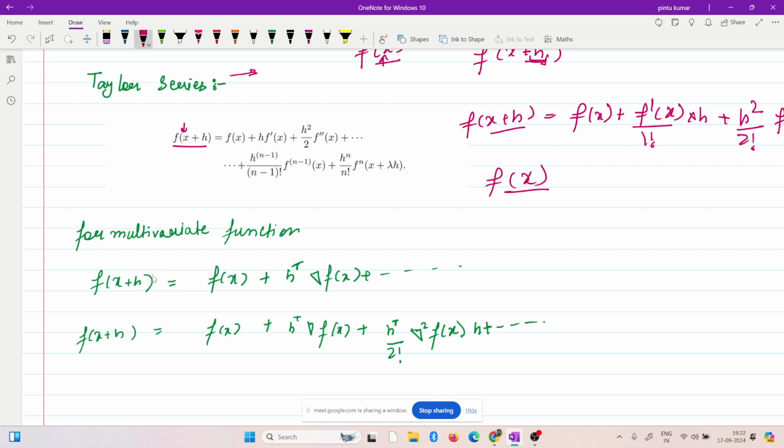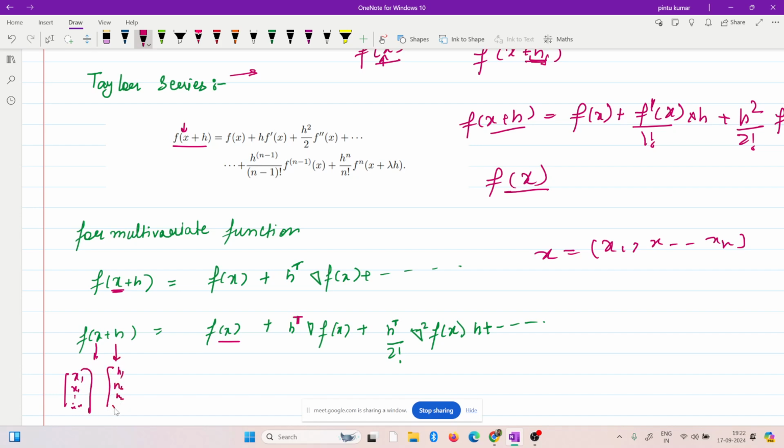Now, if you have a function of multiple variables, this x is actually, let's say, x1, x2, xn. So f is a function of x1, x2, xn. Then all this notion of derivative gets replaced by similar notation in multivariate calculus. Your f of x plus h is then given by f of x. You can't just simply multiply by h, because if your x is something like x1, x2, xn, then your h would also be something like h1, h2, right?